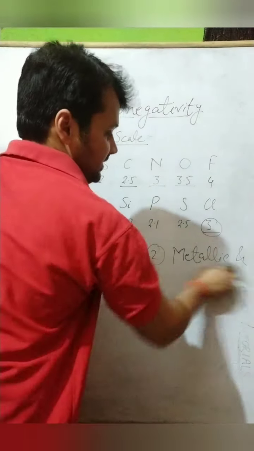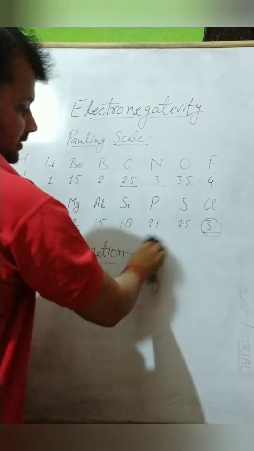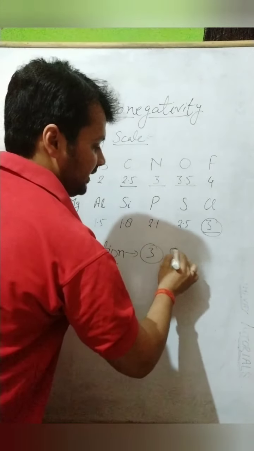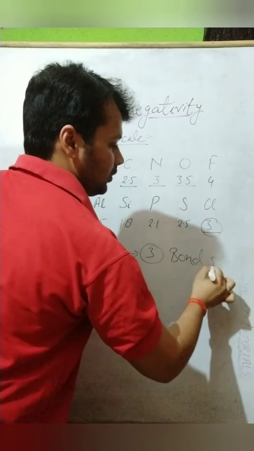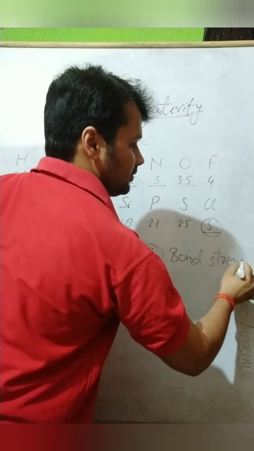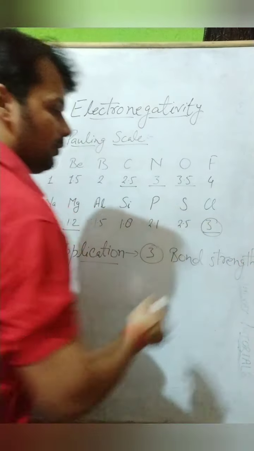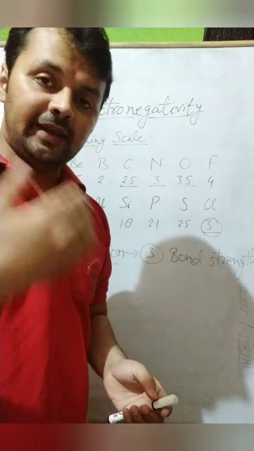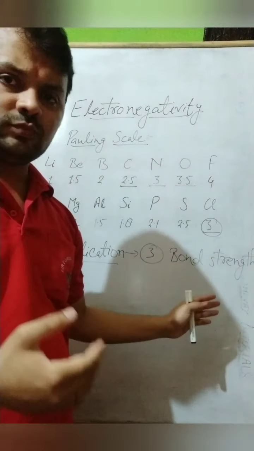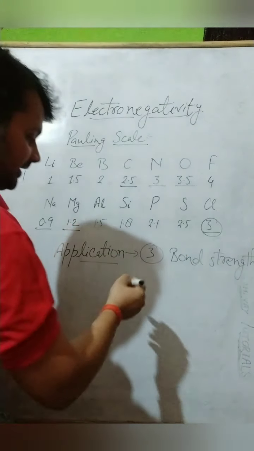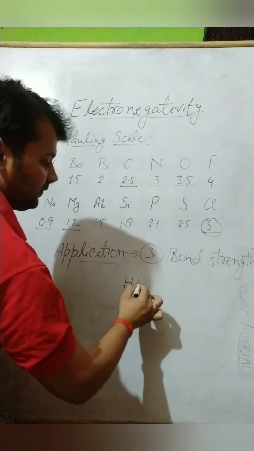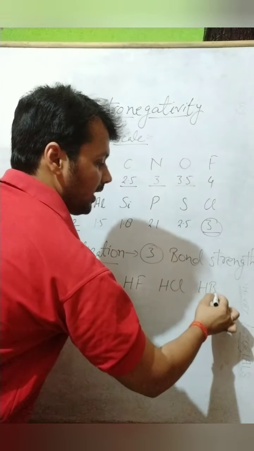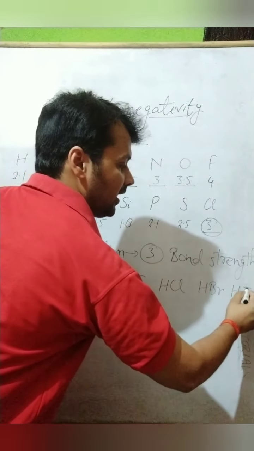The third is to check the strength of any bond. Bond strength means how strong a bond is between two atoms. Let's take an example of hydrogen with halogens, covalent bonds: hydrogen fluoride, hydrogen chloride, hydrogen bromide, and hydrogen iodide.